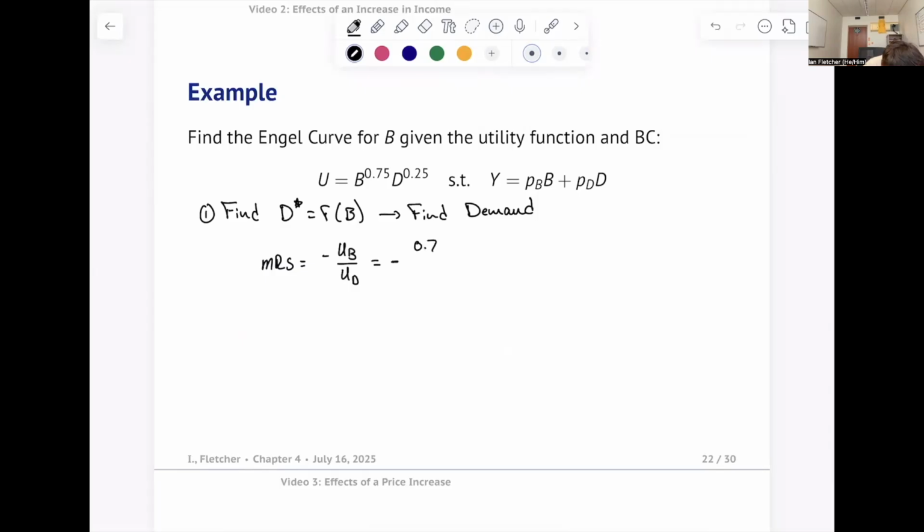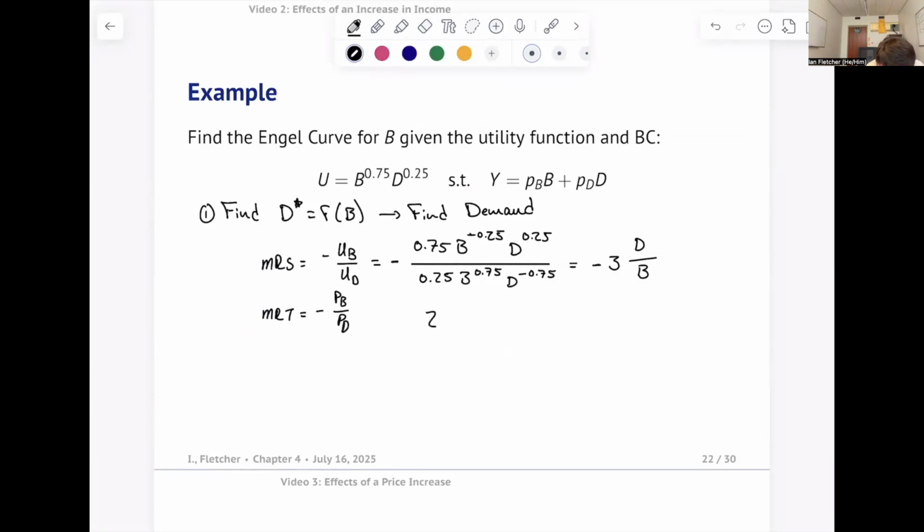This is going to be minus 0.75 B to the minus 0.25, D to the 0.25, over 0.25 B to the 0.75, D to the minus 0.75, and then we should be able to get minus 3 D over B. Our MRT should be minus PB over PD.